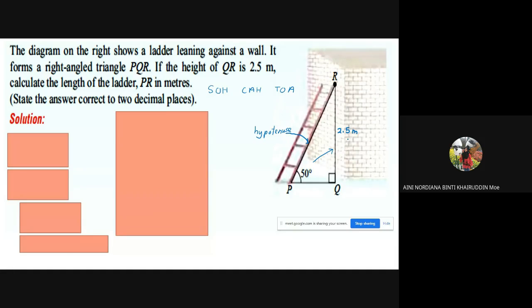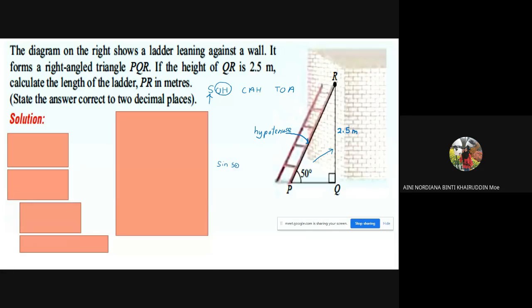So this is opposite over hypotenuse. So, what is this? So S. What is S? Sine. Right. Sine.